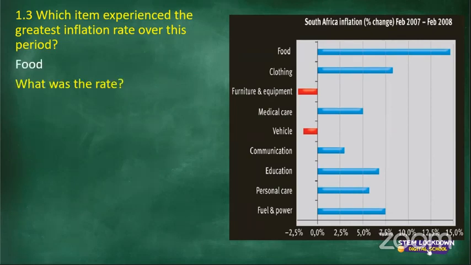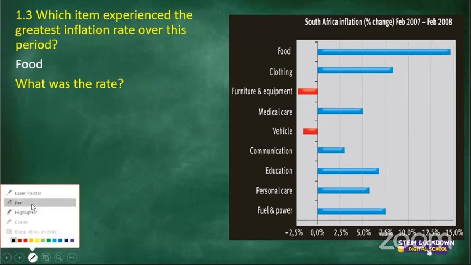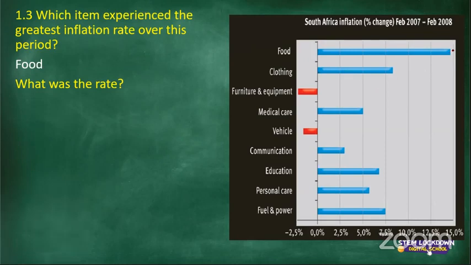What was the rate of the food? What is that rate that it has increased by? Trying to locate it myself here. Let's see.